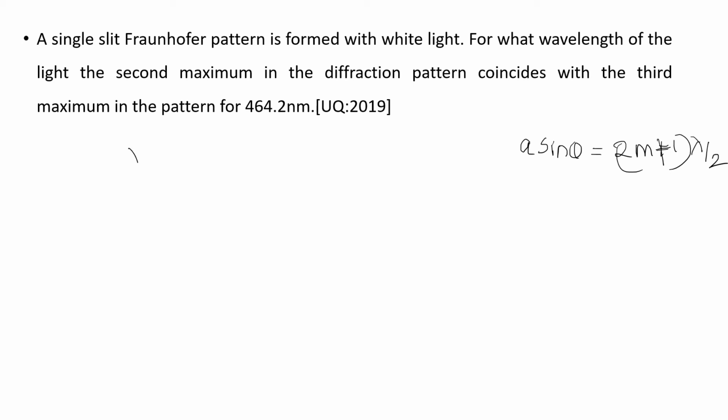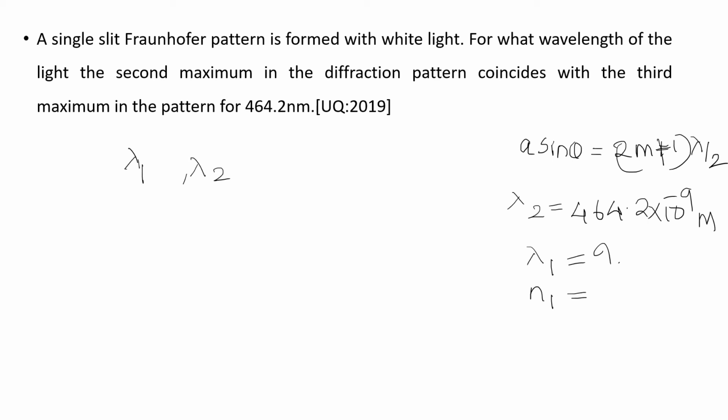So taking the first wavelength, which should be found out, as lambda 1, and the second wavelength as lambda 2, lambda 2 is given as 464.2 into 10 raised to minus 9 meter. n1 is the second maximum, 2, and n2 is the third maximum, 3. That is, the second maximum corresponding to one wavelength coincides with the third maximum corresponding to a different wavelength.